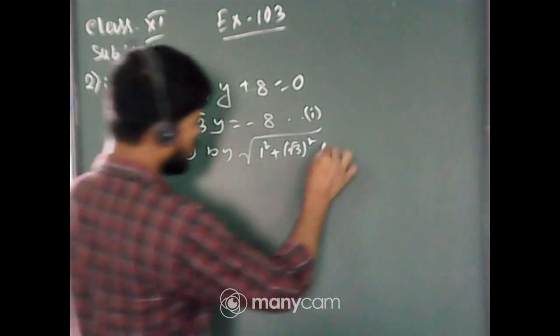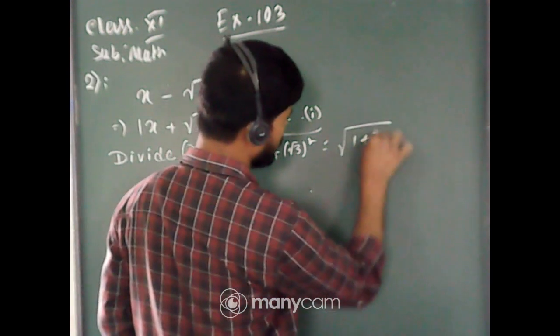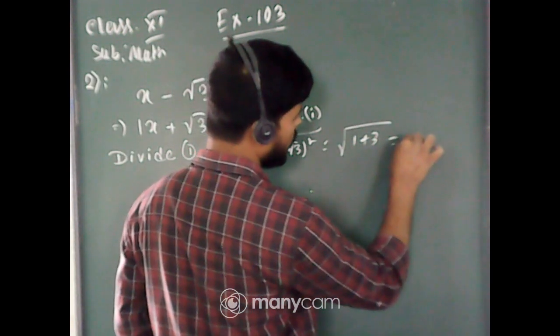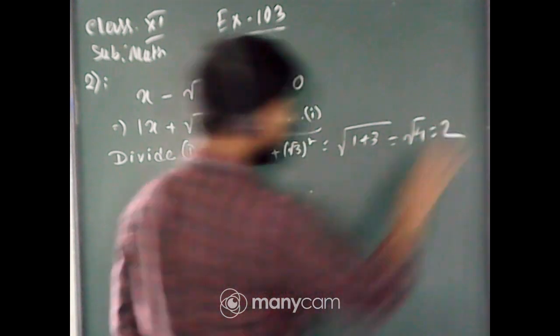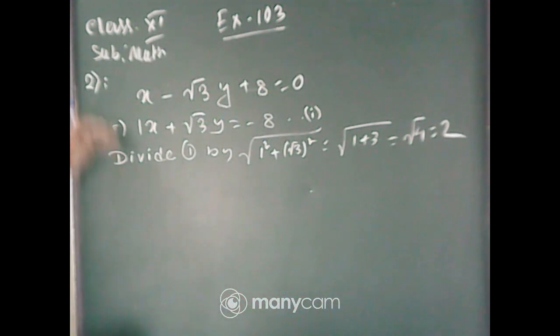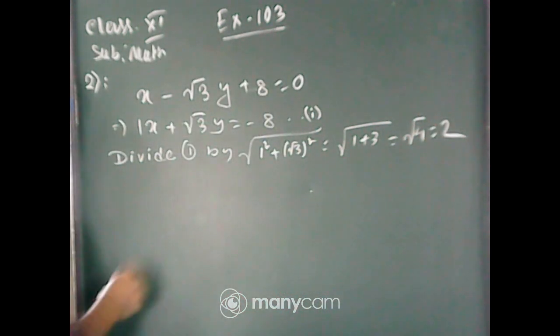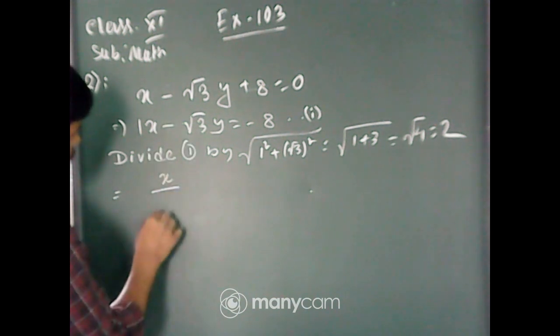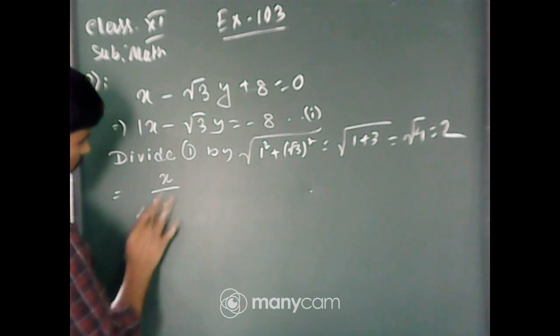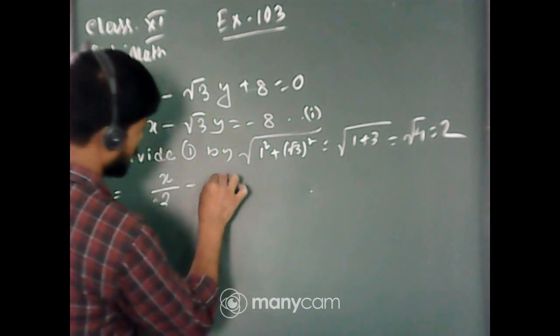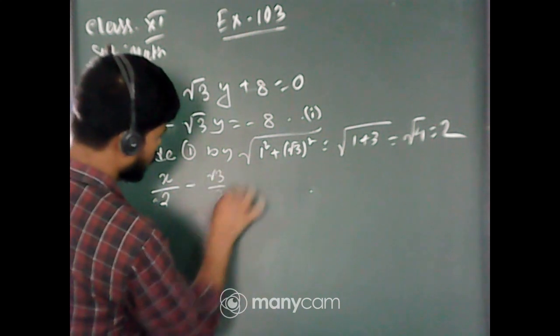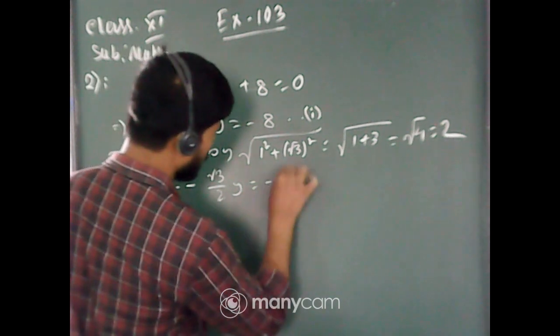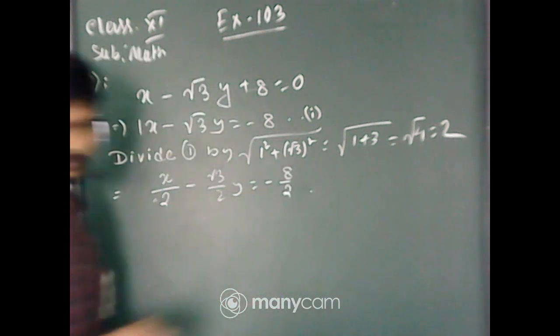So root over of 1 plus 3, that is root over of 4, that is 2, isn't it? So we have to divide the equation by 2. So if I divide the equation by 2, we have x by 2 minus root 3 by 2 y is equal to minus 8 by 2.